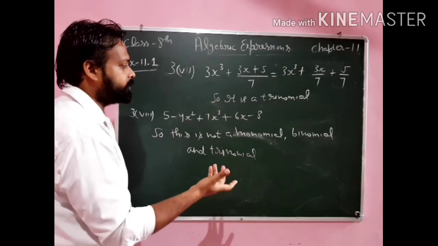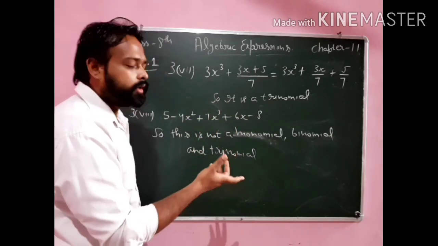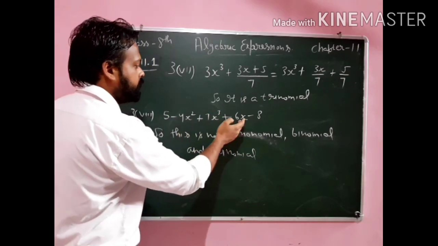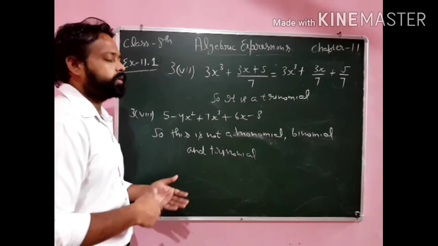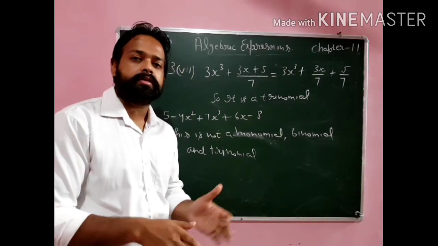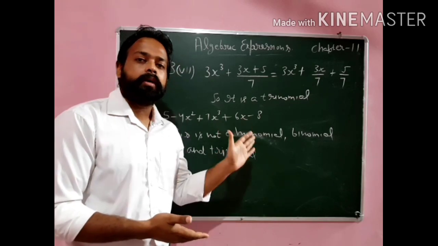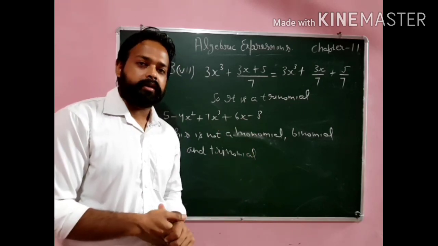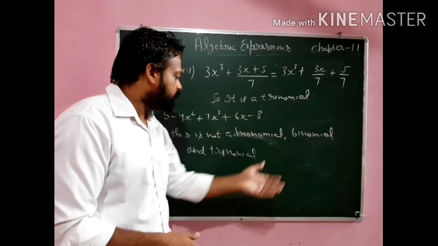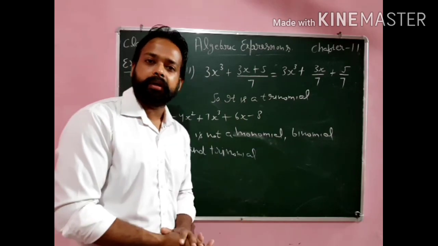Not any sign of division and multiplication is there. So you just simply count the terms 1, 2, 3, 4 and 5. So there are 5 terms in this polynomial. So we can say that it does not fall under any category of monomial, binomial and trinomial. That is why I have written here: this is not a monomial, binomial or trinomial.